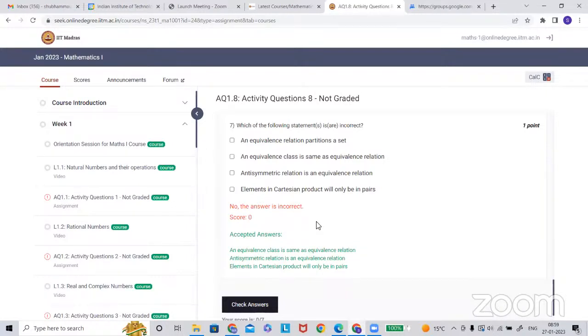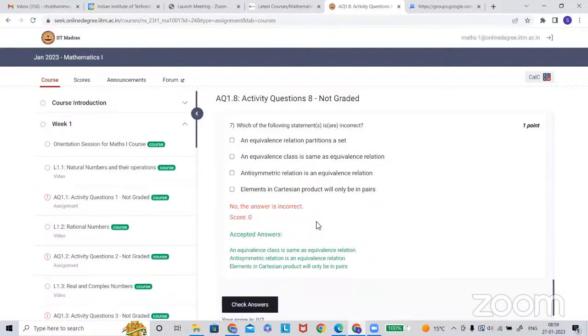It says elements in Cartesian product will only be in pairs, which is not correct. It is going to be the first, second, and third element, like first coordinate, second coordinate, third coordinate.